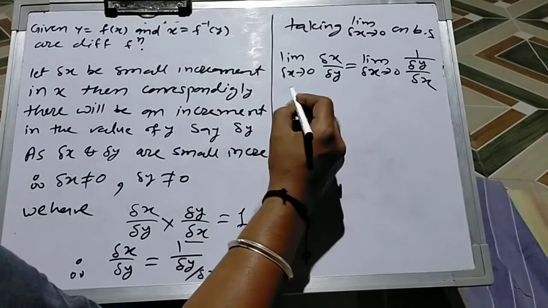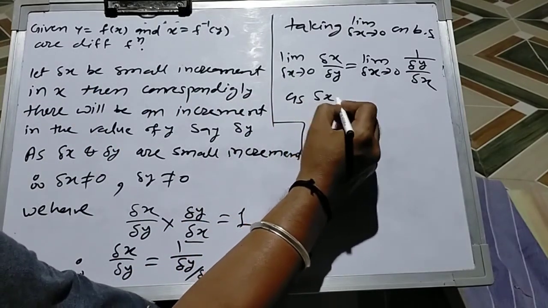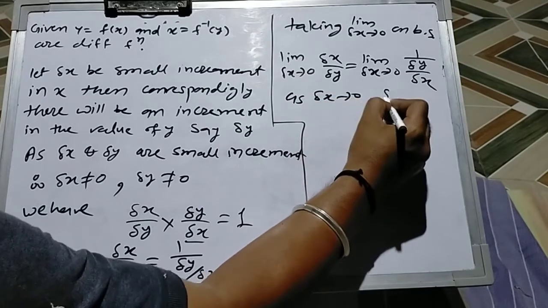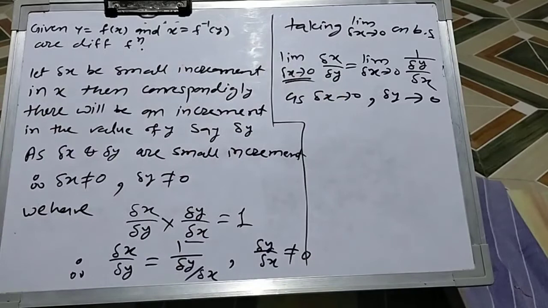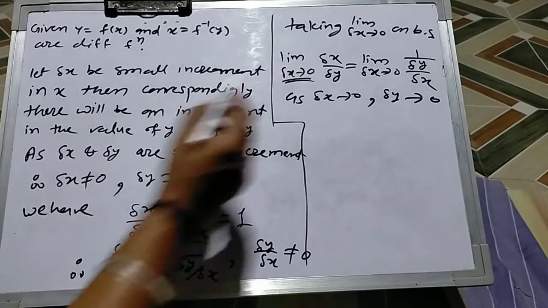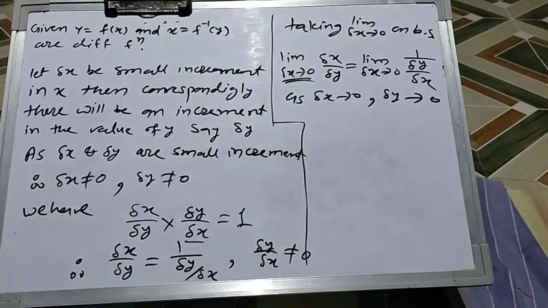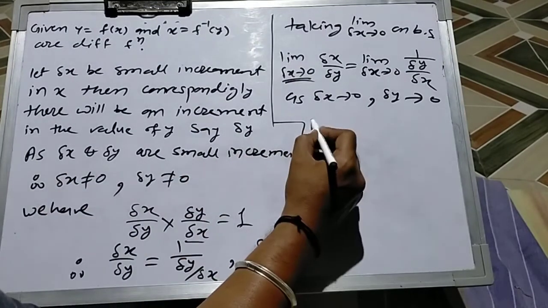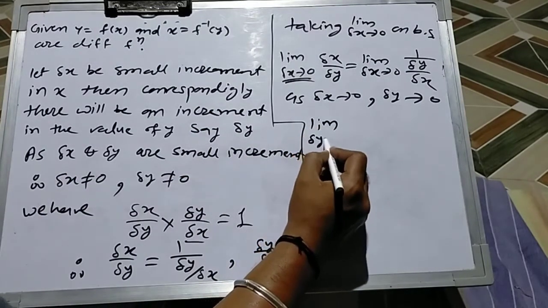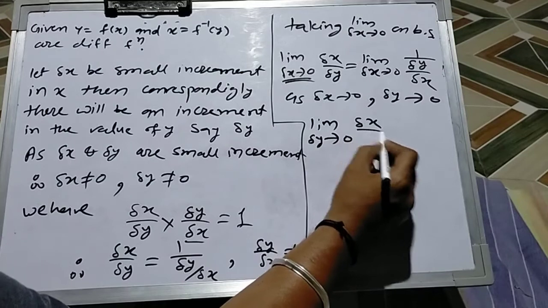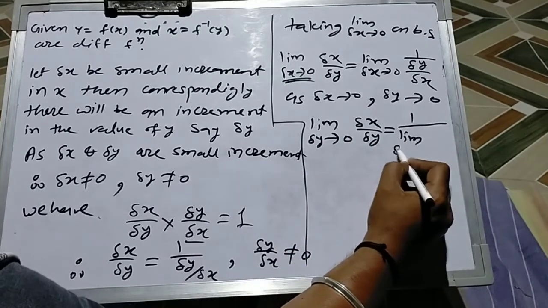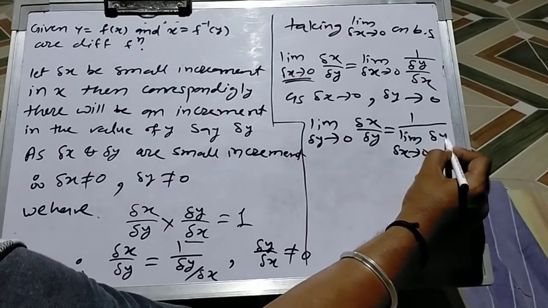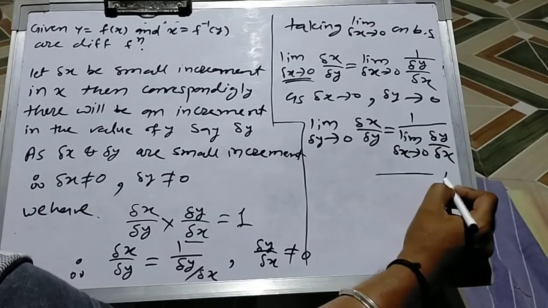As delta x tends to 0, delta y also tends to 0, so we change the limit of delta x tends to 0 to delta y tends to 0. So we are getting limit delta y tends to 0 of delta x divided by delta y equals 1 divided by limit delta x tends to 0 of delta y divided by delta x, call this equation 1.